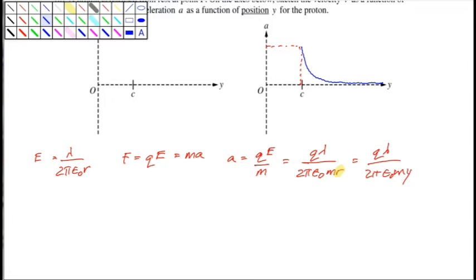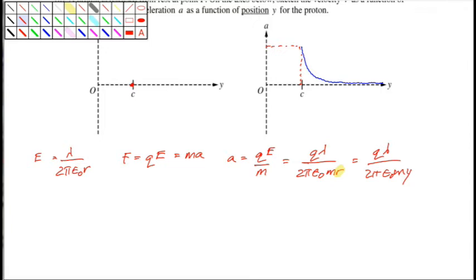So now that we've got this, we can approximate velocity based on the acceleration curve. So we'll start over here, and it starts at rest, so we know at point C that proton has zero velocity, but we also know that it accelerates, but as it moves further and further away, the acceleration decreases.